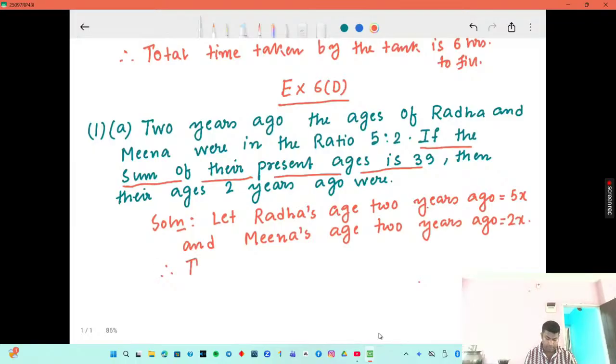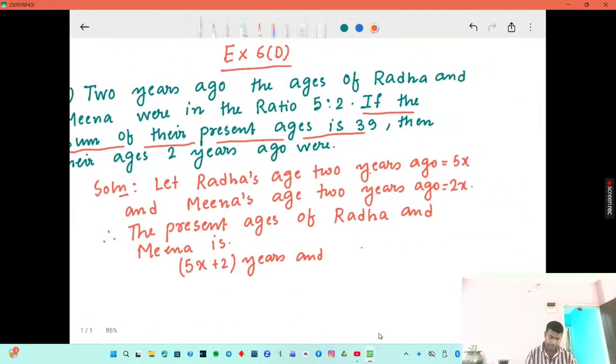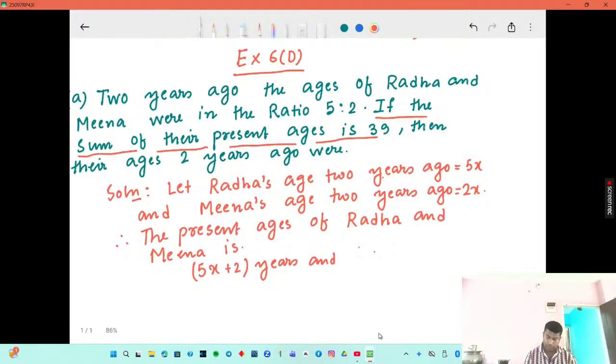Therefore the present ages of Radha and Meena are 5x plus 2 years and 2x plus 2 years.